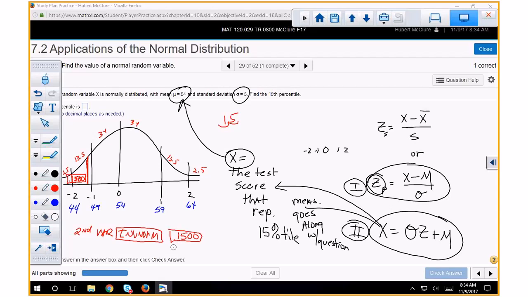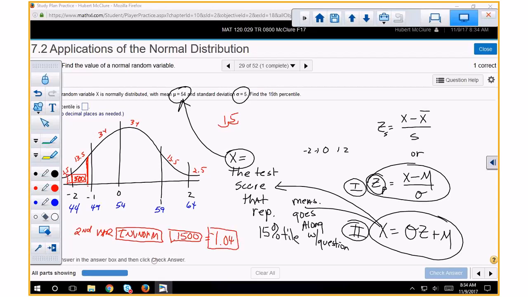And I think it's going to be negative 1.1. What is it? It's right around here. Negative 1 point what? 04. That's all I heard, negative 1.04. So now you've got a z-score, but that isn't what they want.